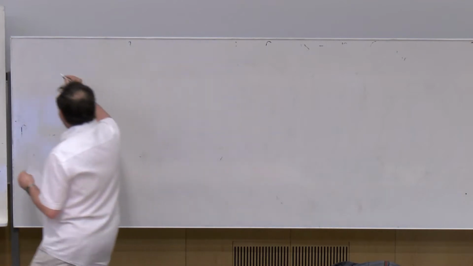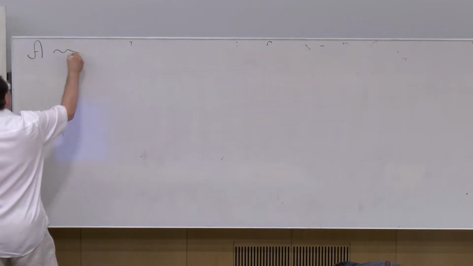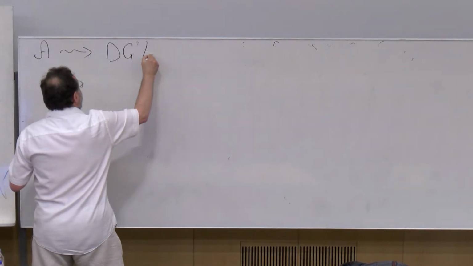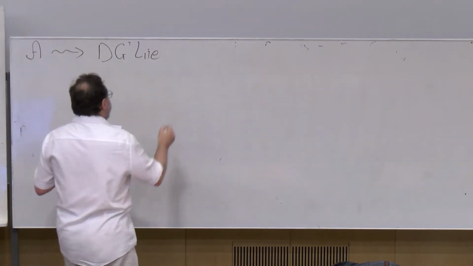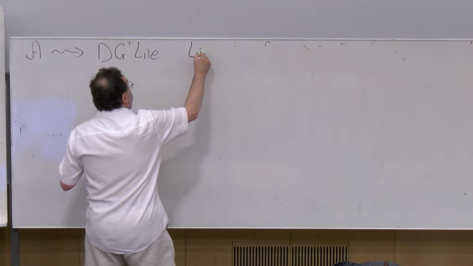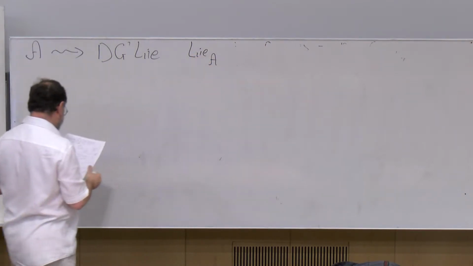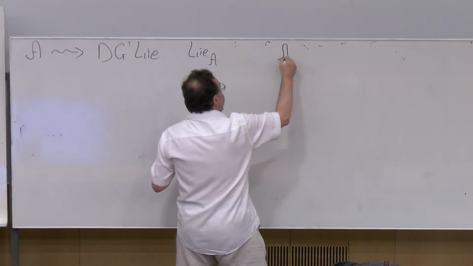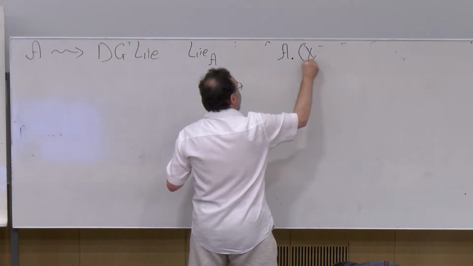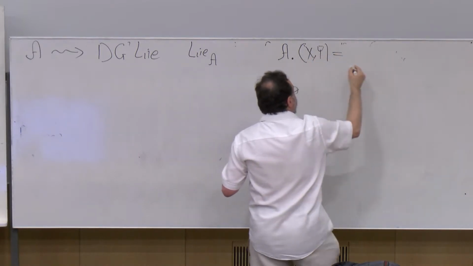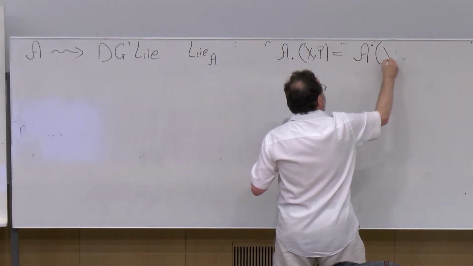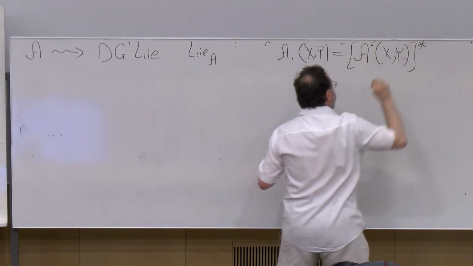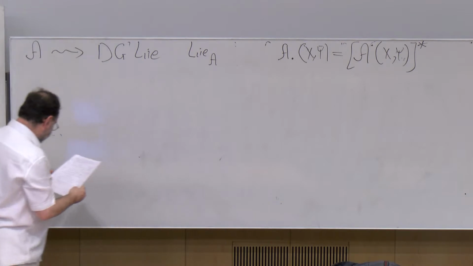If I start with any Calabi-Yau A, I'm going to define a certain DG Lie algebra, which I will denote Lie of my category A. And I need some technical notation. I need to introduce the dual space to the Hom groups. So this is just A dot downstairs. You take Hom in this category and dualize it, like homology.